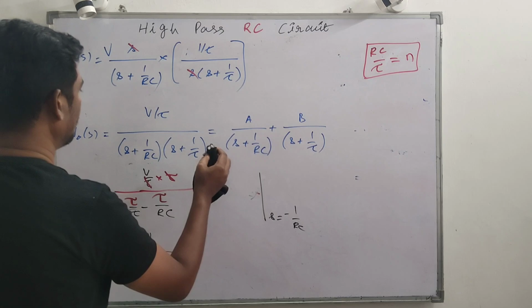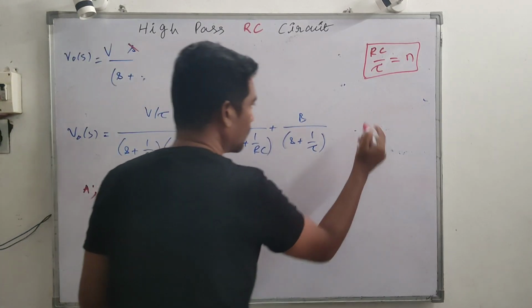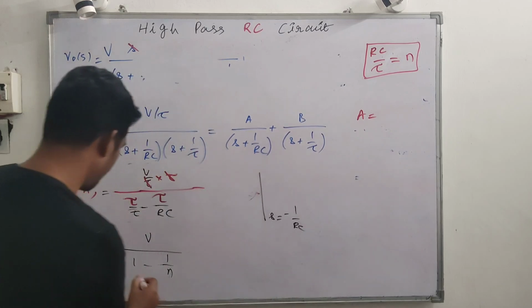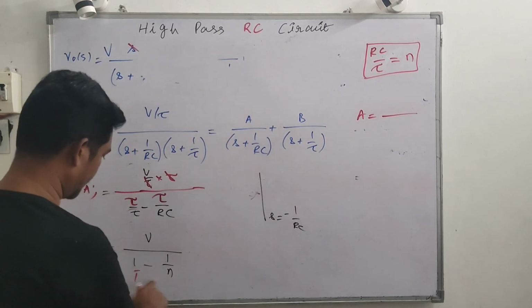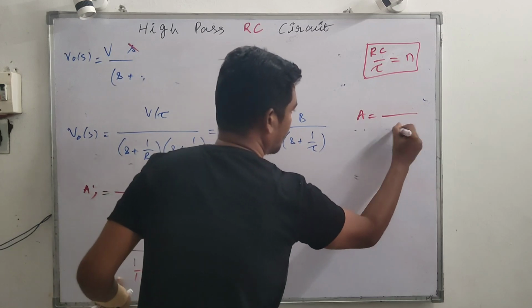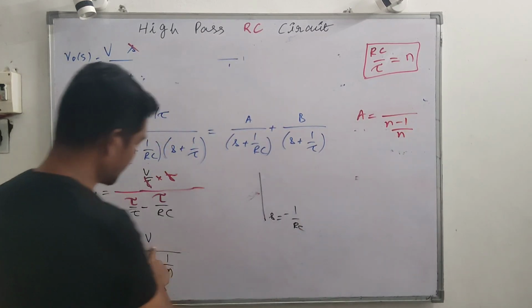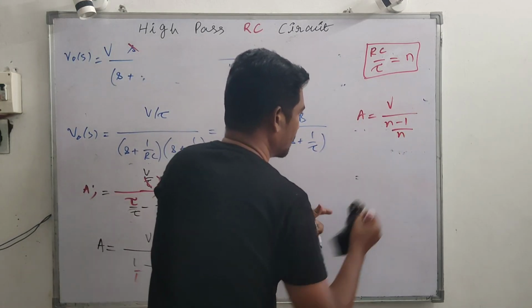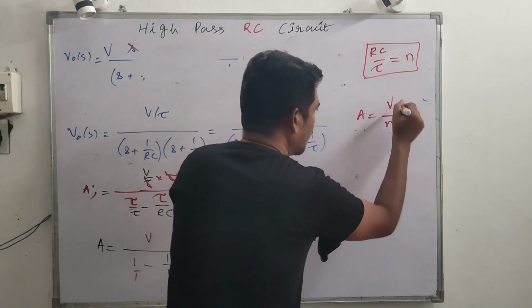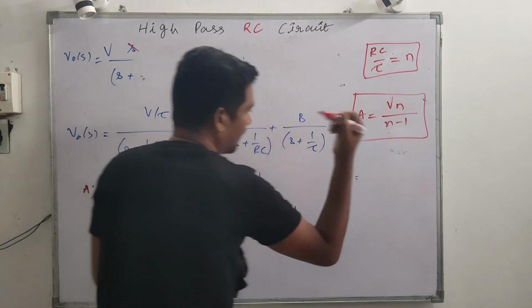Furthermore, A will be equal to this is 1, and this one we have n over here, n minus 1, and we cannot neglect that V, so this goes up, we have that n over here. So this is the value for A.